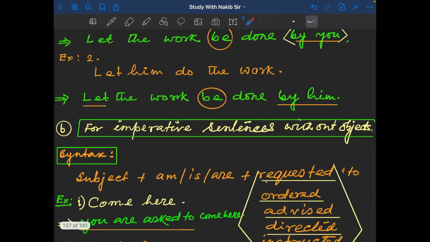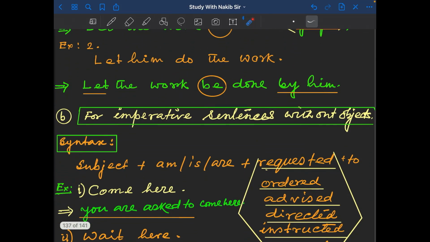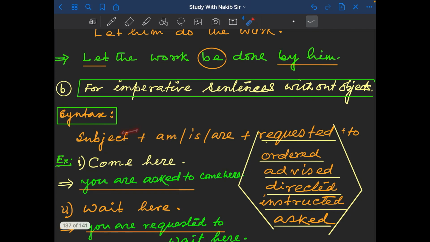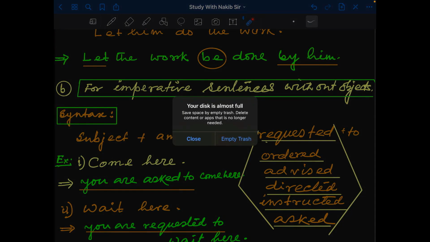And if the imperative sentence doesn't have any object, then use the second syntax, the syntax that begins with subject, then am or is or are, then requested if it is a request, ordered if it is an order, advised if it is an advice, directed if it is a direction, instructed if it is an instruction, and asked if it is nothing of this kind.